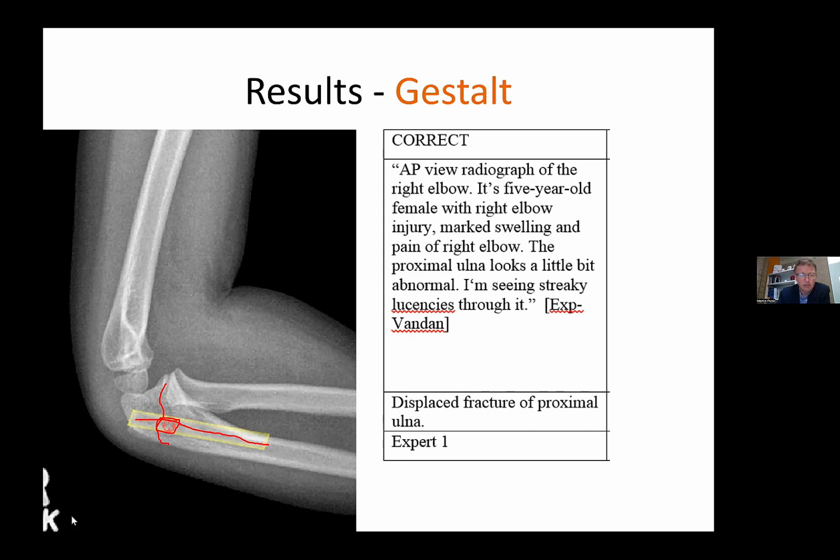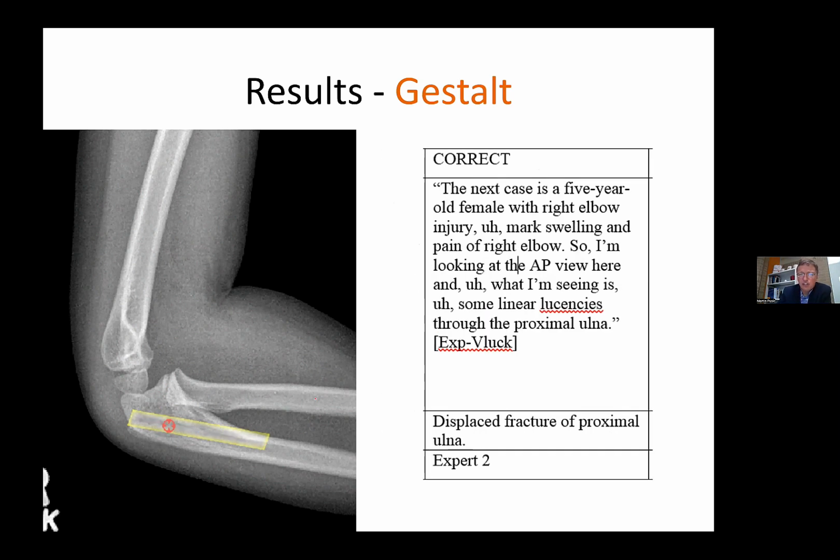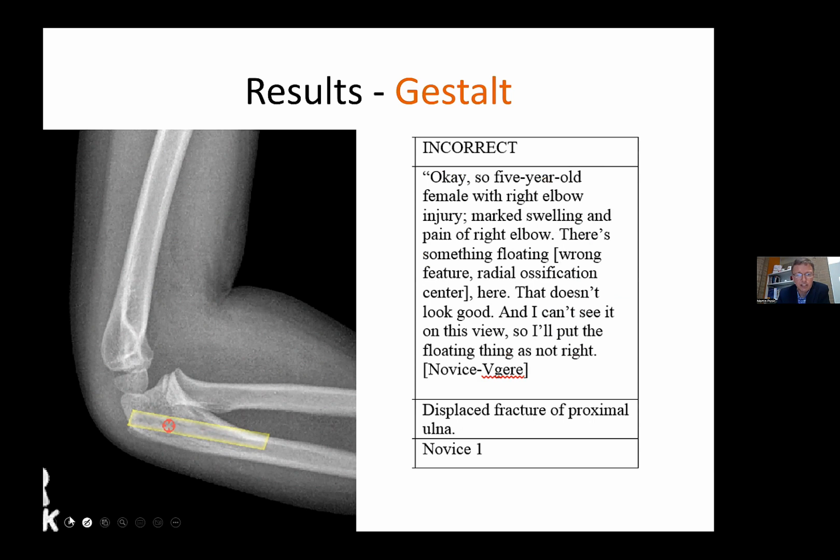And here's another person looking at the same case. Again they read the history up here, and they say, "I'm looking at the AP view," and I'm showing you the lateral. "But what I'm seeing is some linear lucencies through the proximal ulna." Again, their first real utterance is to point out the particular finding.